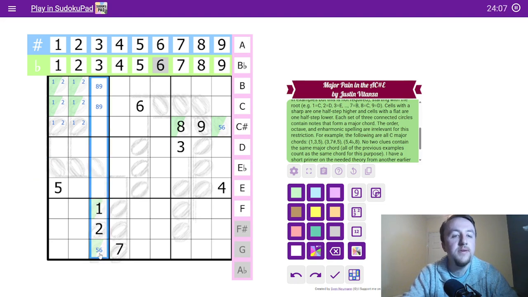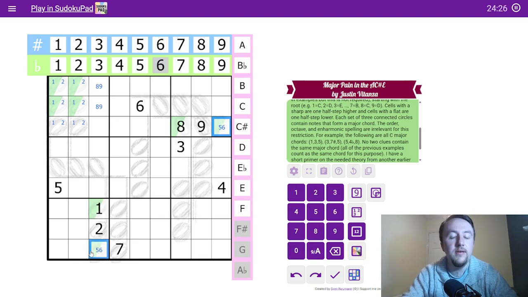So where is 5 in this column? Oh, that's so cool. I like that. That's such a lovely deduction because this can't be 5 because we know this is a 5-6 pair. Whichever of these is the G major triad, this is a 5.